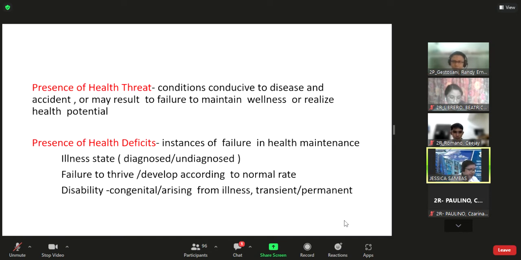Deficit po, ma'am. So health deficit po, pagkaganyan. Automatic na po yan. Now, nakuha po ba ang ibig kong sabihin? Pag na-identify na ang problem, check your typology. First level. Tingnan ninyo saan siya na-belong. Deficit po ba? Threat po ba? Wellness ba? Stress points po ba? Nandyan na po lahat.